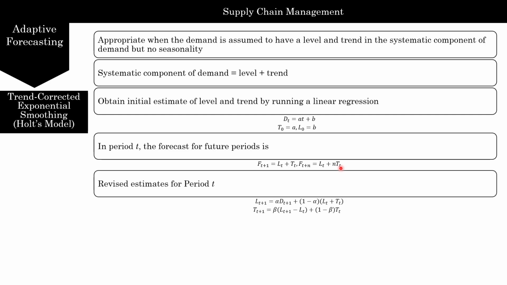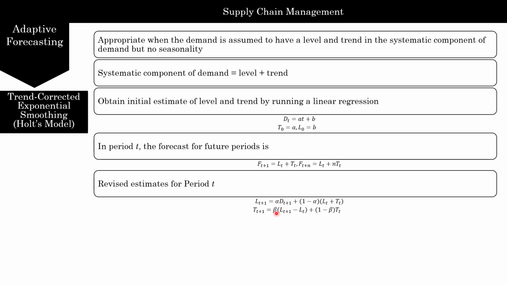So the revised estimates for period T, remember you're recalculating. This is an adaptive model, and so you have to recalculate your level and trend. Your level is alpha times your new demand data plus 1 minus alpha times the old forecast, so some percentage of the new value.